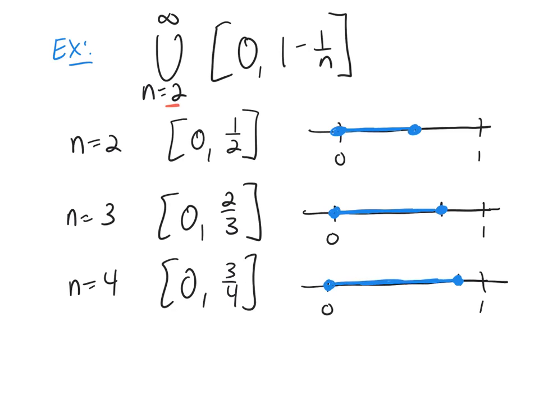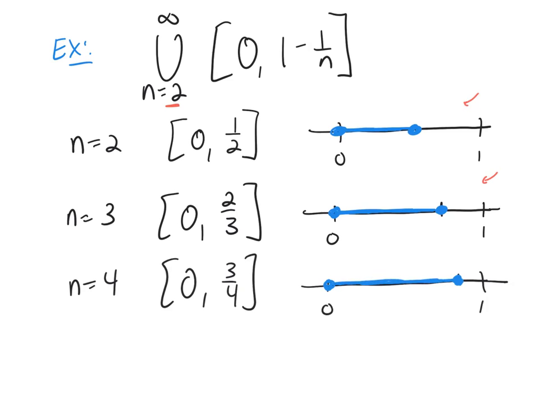Okay, so we're taking a union. Let's see what's happening. What's happening is my interval is getting longer, right? But if you notice, each previous interval is contained in the next one.